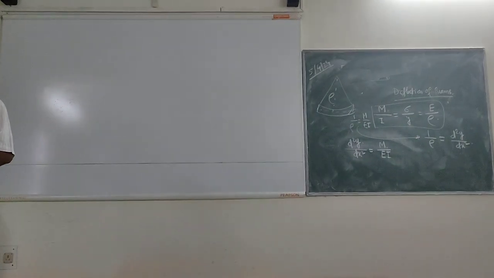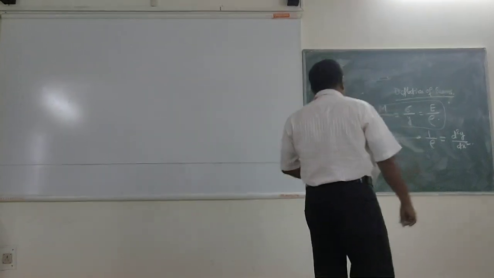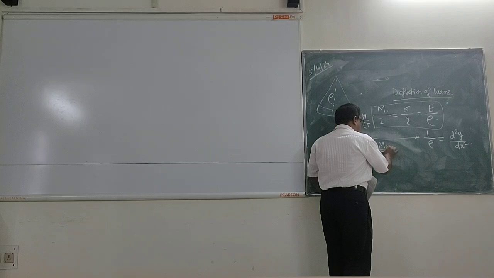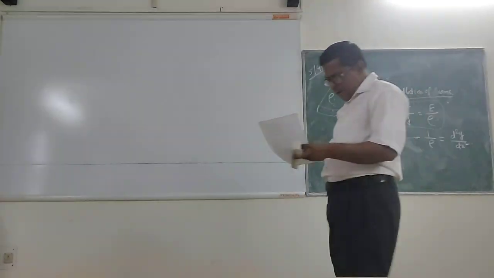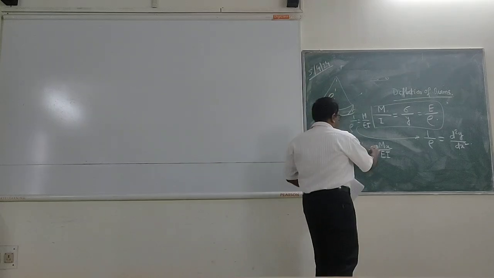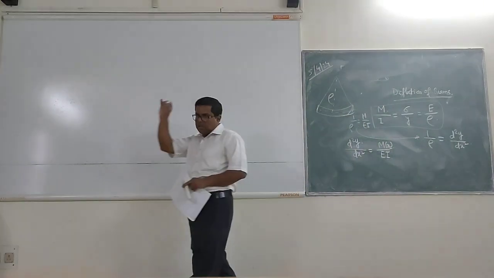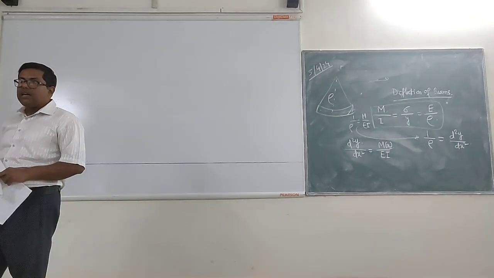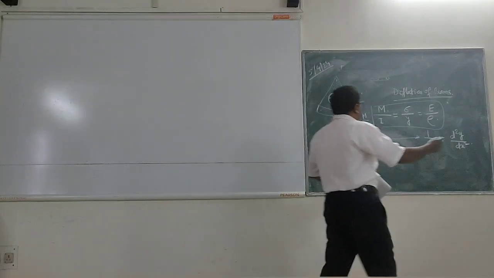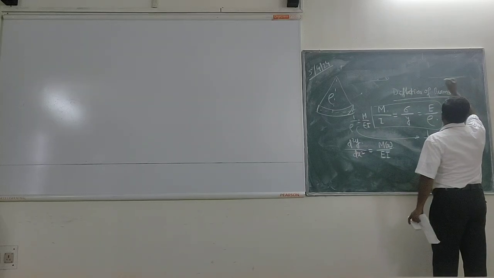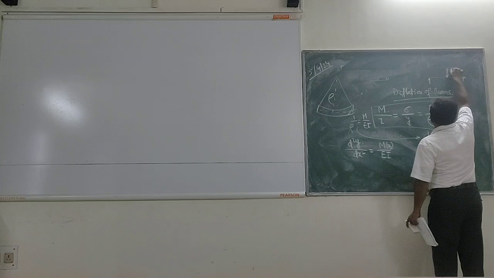Now what is this M? M is the moment at any section, right? You see, M will be a function of x, so M(x). You should write it like this, okay? Or I can write M is a function of x, or you can write M subscript x. Let's say I have a simply supported beam and I have a point load over here.